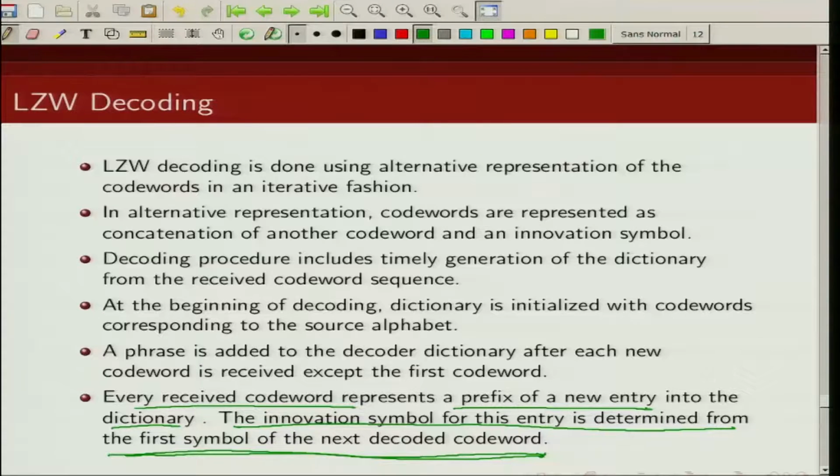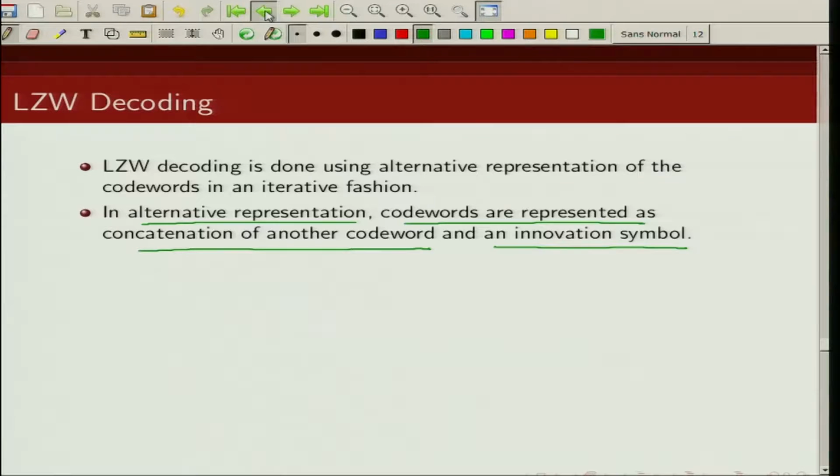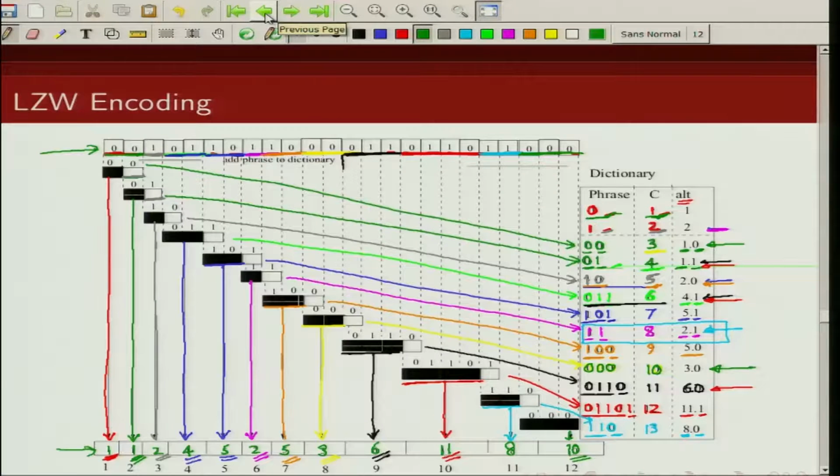If you go back here and look at this example, in each case, let's say we are encoding 10, and this new innovation symbol gets encoded in the next sequence. Same here, we were putting 010 into the dictionary. Now the new innovation symbol here was 0.